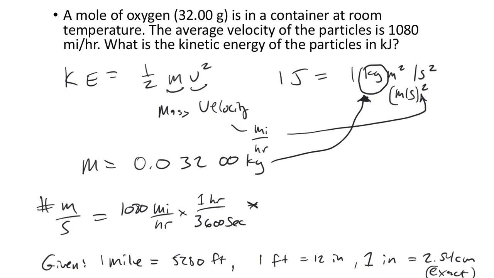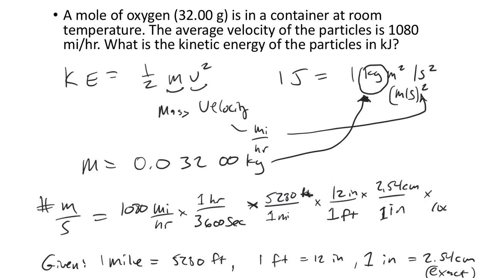So you could convert here: 1 mile, 5,280 feet, 1 foot, 12 inches, 1 inch, 2.54 centimeters, and 100 centimeters, 1 meter.